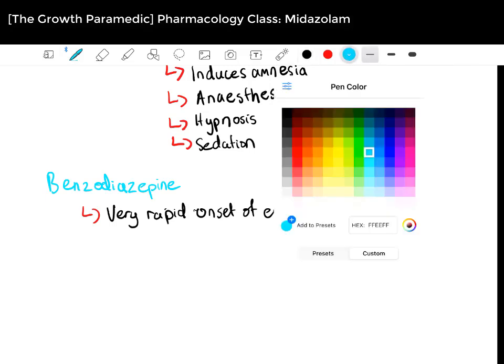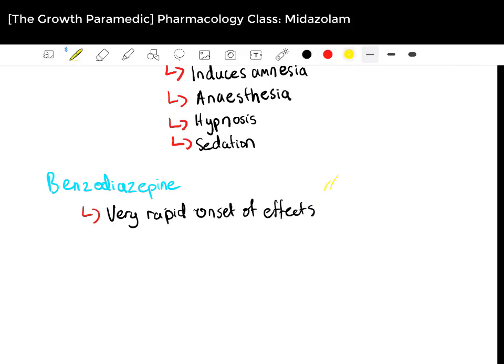So it's very fast. And as well as that, whilst it's very quick in terms of acting, it also has a very short duration. Short duration of action. And this is why it's primarily used for patients experiencing seizures.